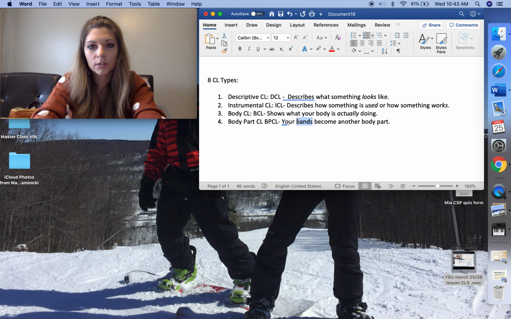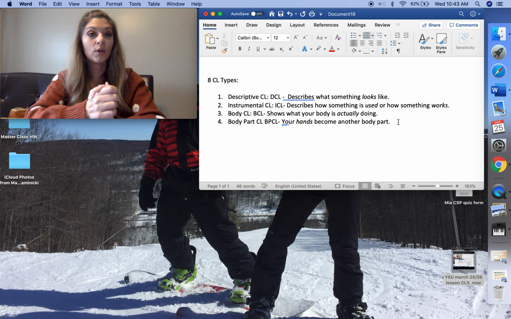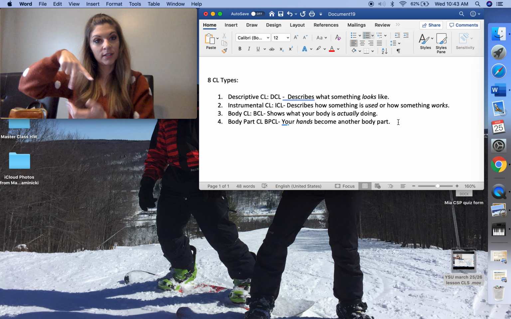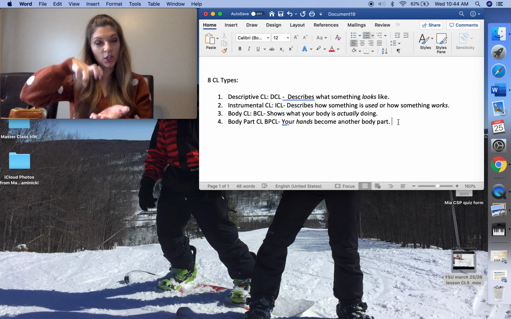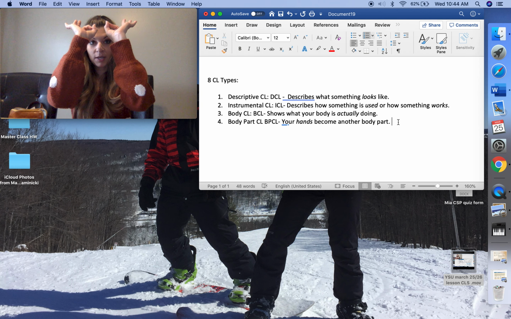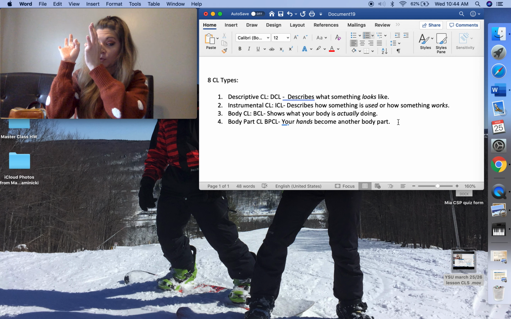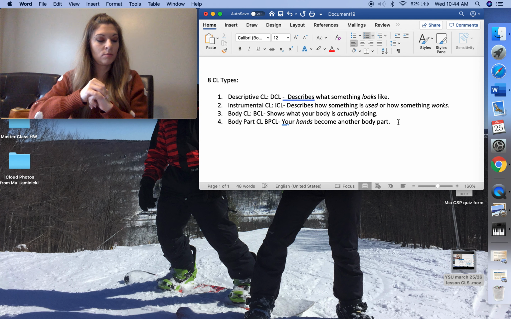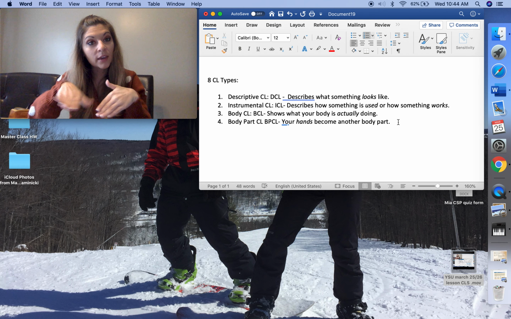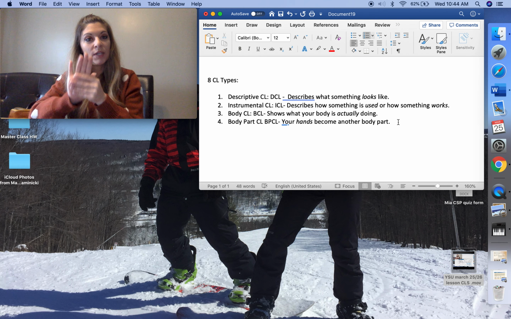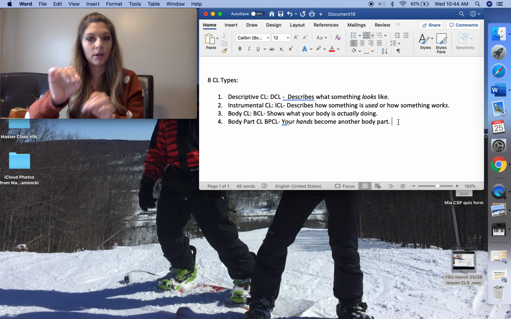These are keywords. So when I'm using my legs, or someone jumping, or if an F becomes my eyes, I look up, I look down, I look over, or a V becomes my feet when I'm walking. Anything where my hand becomes a different body part is a body part classifier.